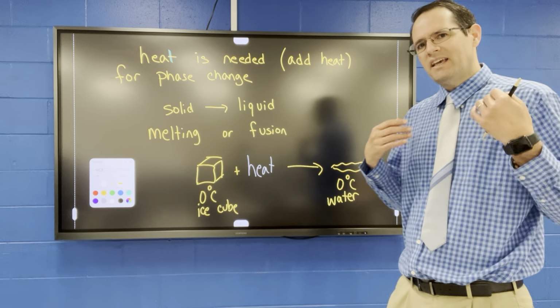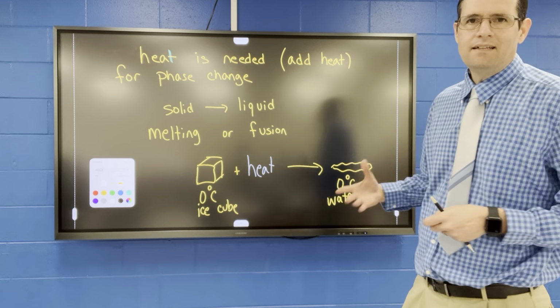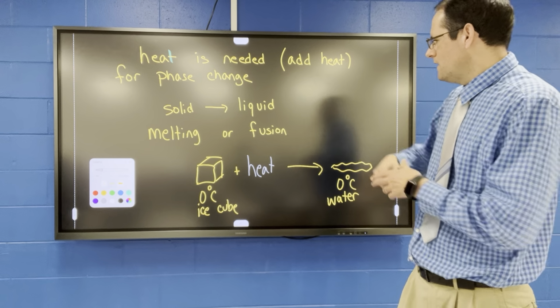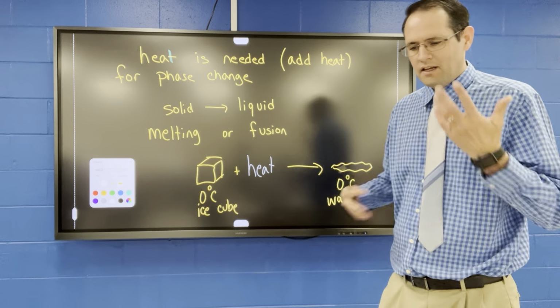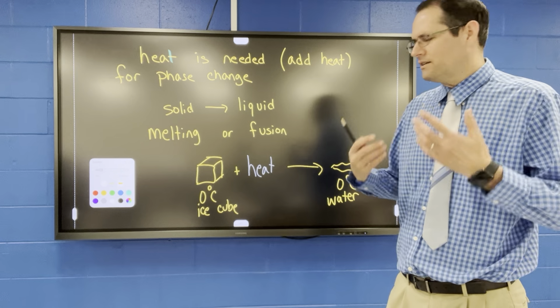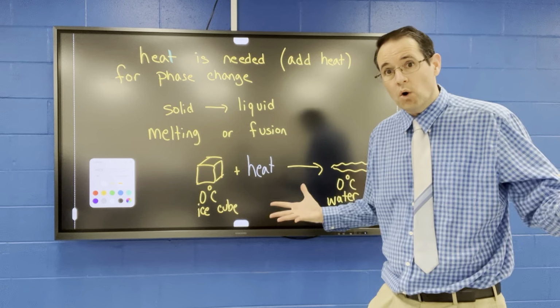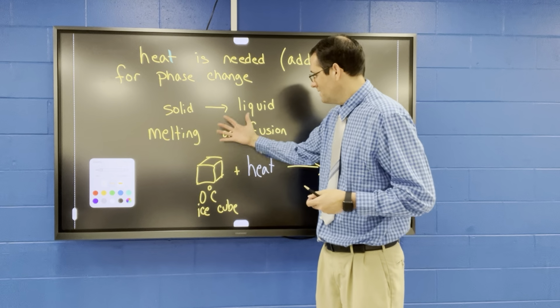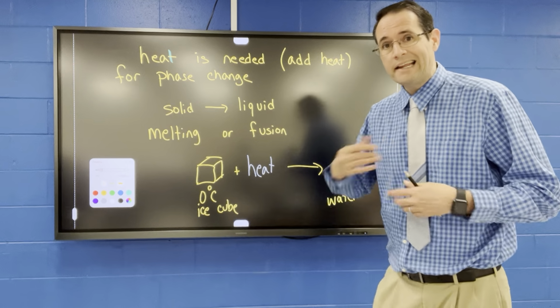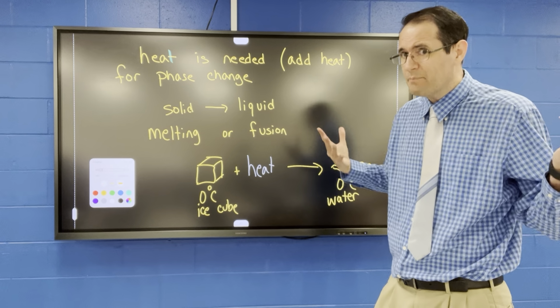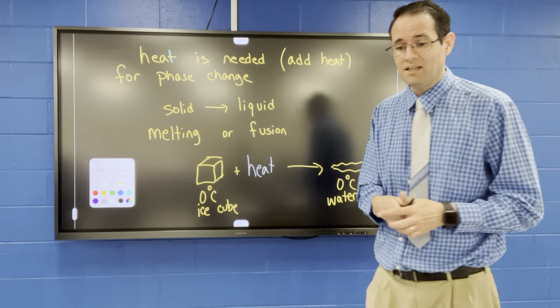Latent means hidden. And so the latent heat of fusion is the hidden heat of fusion. When this was first studied and discovered and quantified, scientists tried to figure out, where does the heat go, right? We are taking this ice cube, which is 0, we're adding heat, but it just changes to a liquid. It doesn't heat up. Normally when you add heat to something, it heats up.